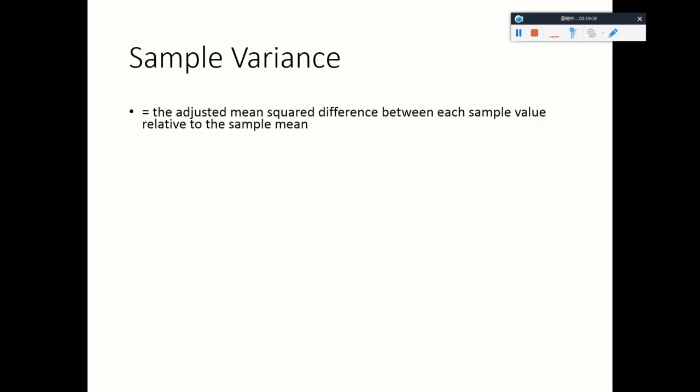Sample variance is the adjusted mean squared difference between each sample value relative to the sample mean. Sample variance is the adjusted mean squared difference between each sample value relative to the sample mean. Told you it's quite a mouthful.